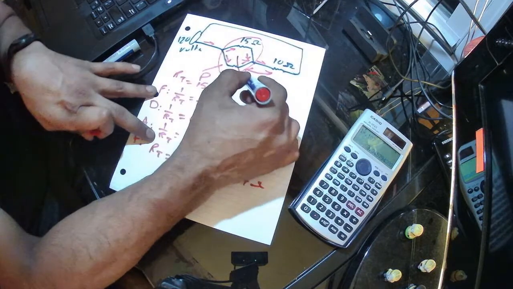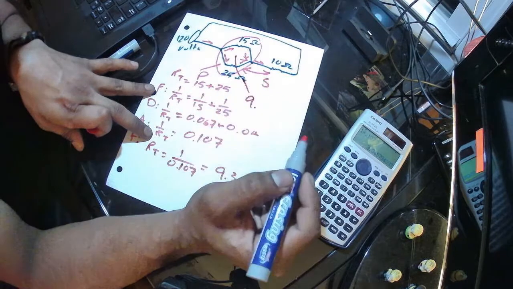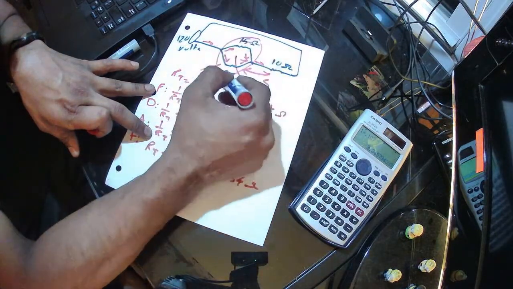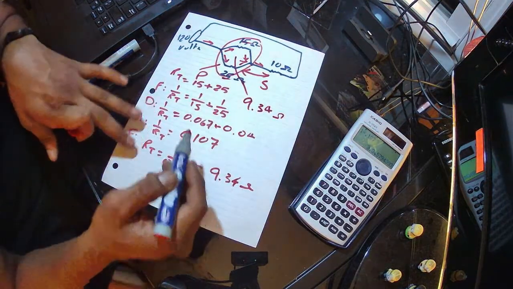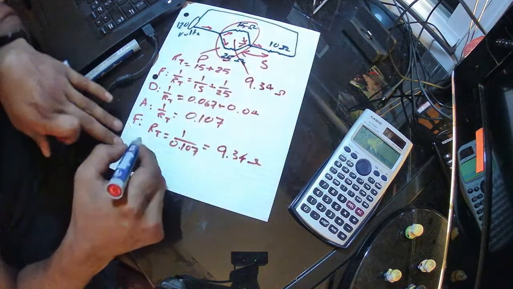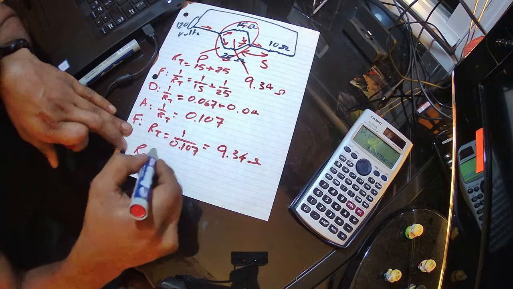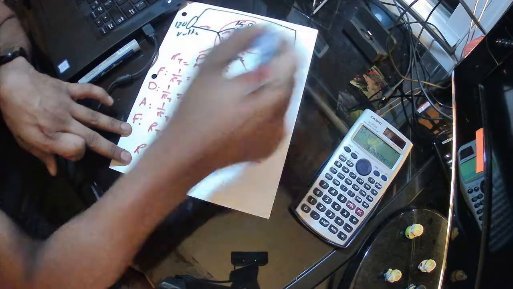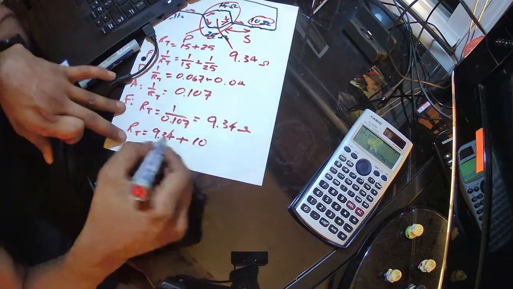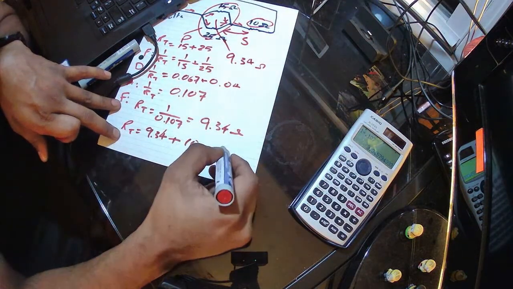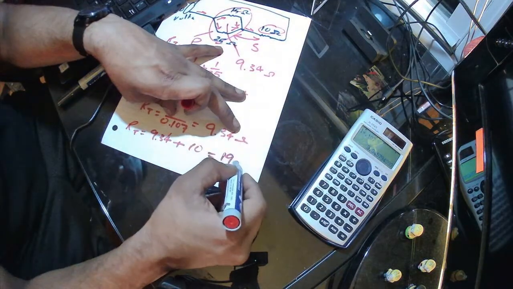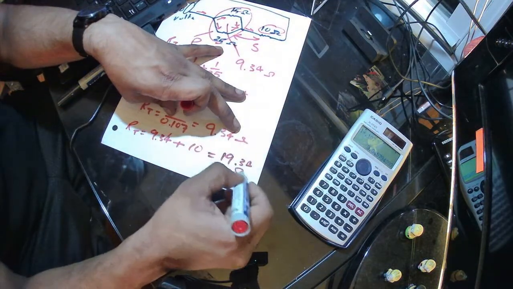Then I'll add this total here. So this total here is 9.34 ohms, and as you can see, it's lower than this and lower than this. And then I'll add this together. So our total will equal 9.34 plus 10 from here, so that is 19.34 ohms.